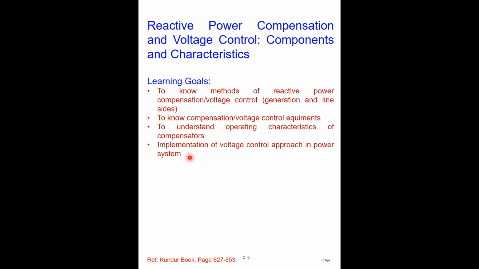So it is very important that you talk about voltage control not only at the transmission network, but now even at the distribution network.